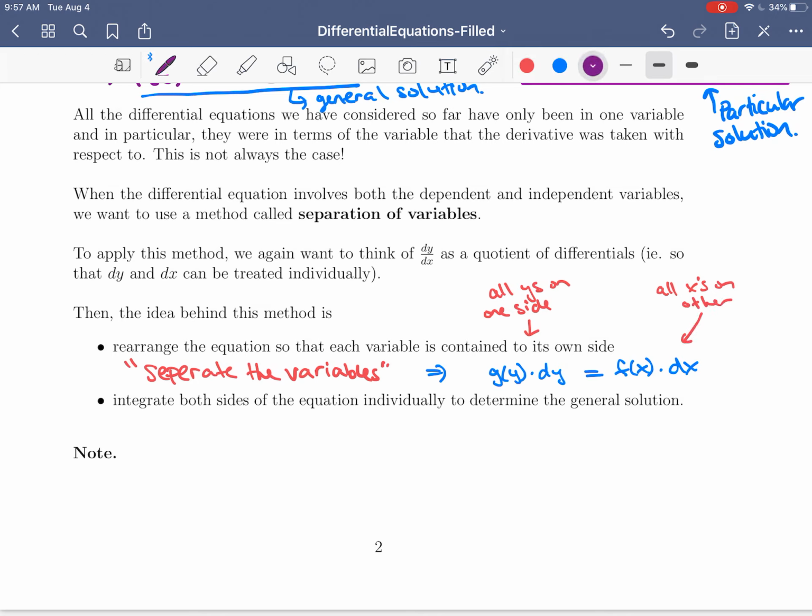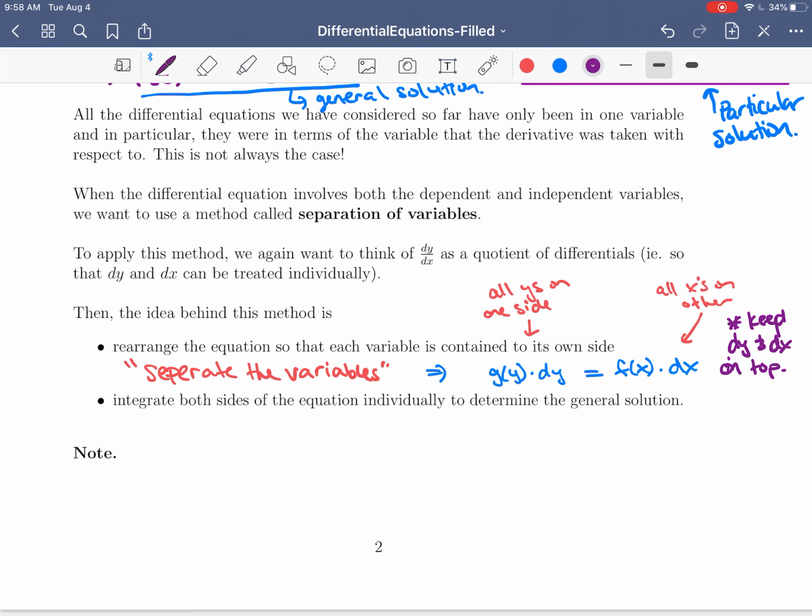Okay, now you want to be careful to keep dy and dx in the numerator. So maybe I'll say on the top. So you don't want to divide by dx or divide by dy.